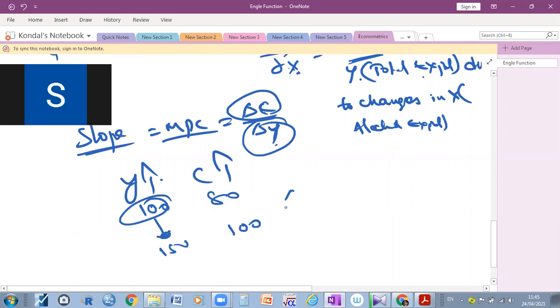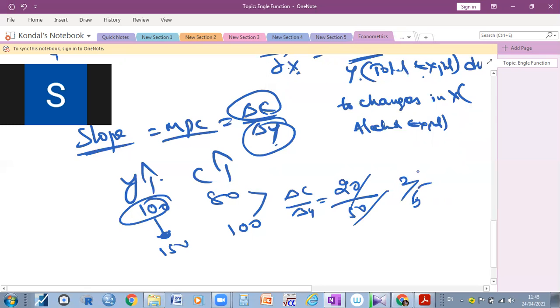What is the slope? Delta C by delta Y. The change in consumption is 20 and the change in income is 50. So it comes to 2 by 5, nothing but 0.4.